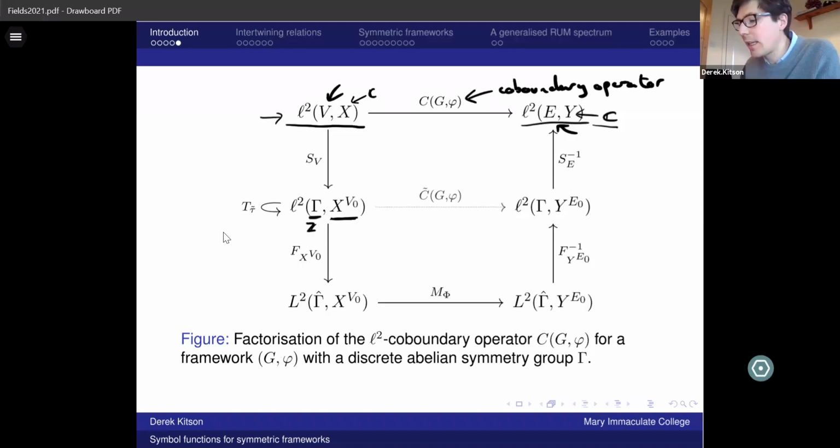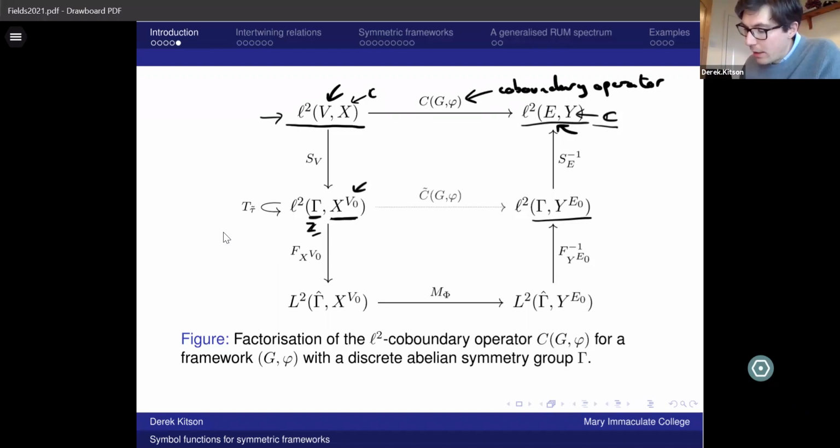All we want to do is think about our velocity vectors as what we get when we assign velocity vectors to vertex orbits and then shift those around using our integers, say, back and forth. So that's what's going on there, just a little identification. That's not a very deep thing going on there. Similarly, on the other side, we're going in the reverse direction, but again, it's just a simple identification between those two L2 spaces. So we can do that when we have a nice symmetry group gamma, say.